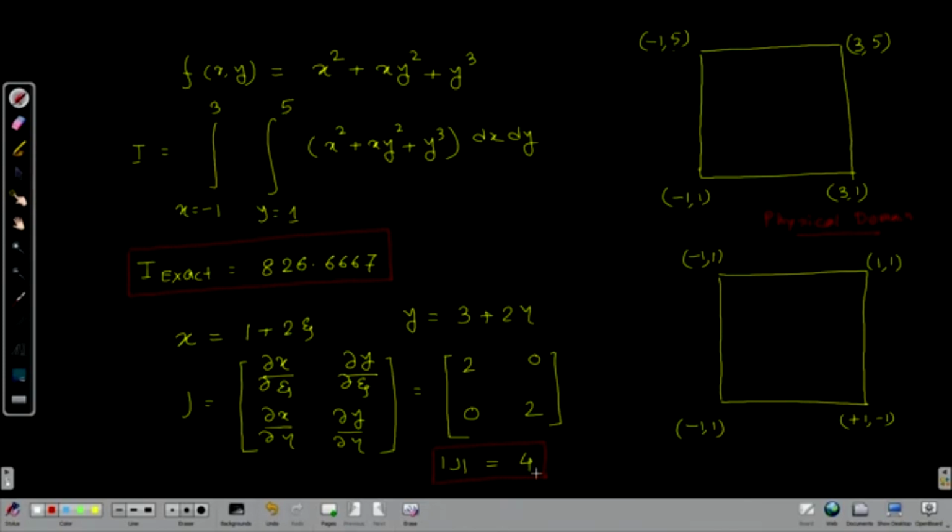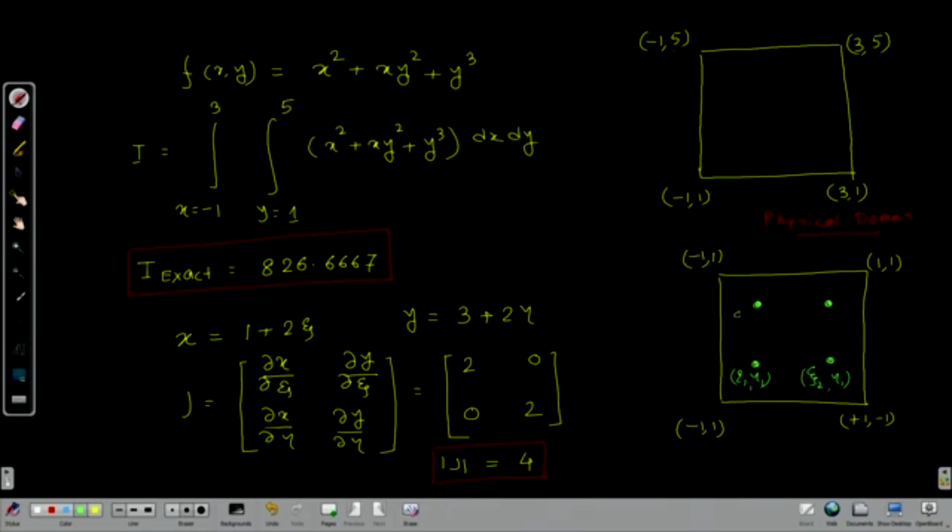Okay, so now what we will do is take different points for the 2-point Gauss quadrature rule. So our integration points will be, one point here, another point here, another point here, and another point here. Suppose for this point it is xi1 and eta 1, and this is xi2 and eta 1.